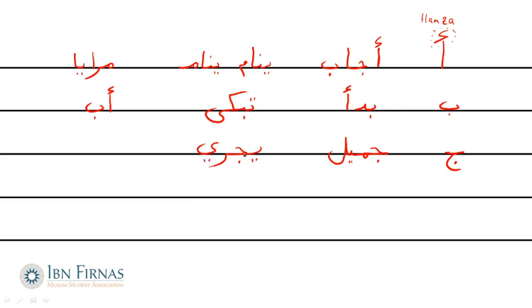It also completely changes, it merges between these two letters. And finally, Taj. Here it's not connected to anything, so it's the same shape. I'm not going to write the ha and the kha because it's the same as with the ba, ta, and tha. If you know how to connect the jim, then you know how to connect the ha and the kha, with the exception of the dots.